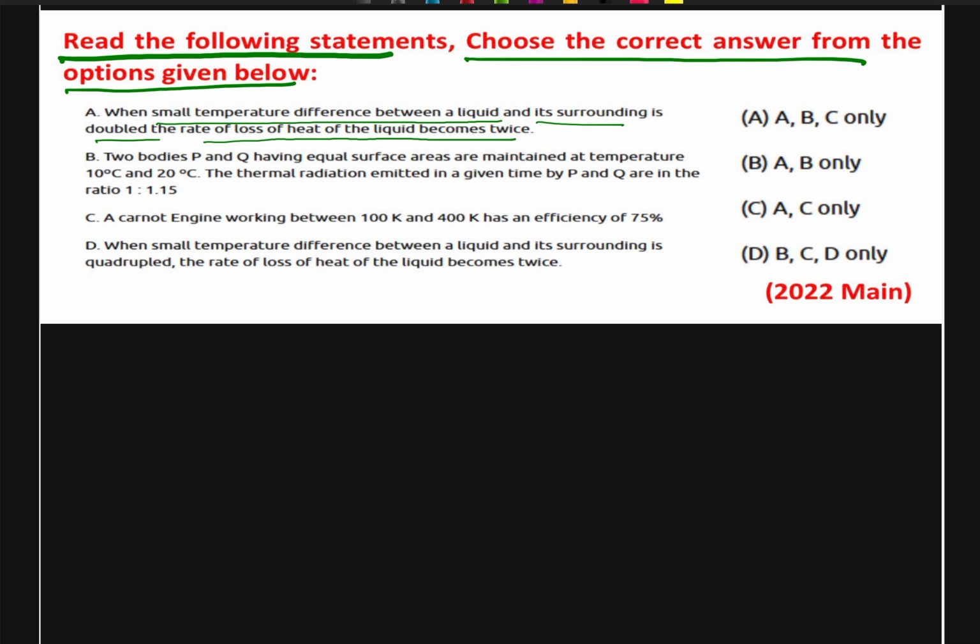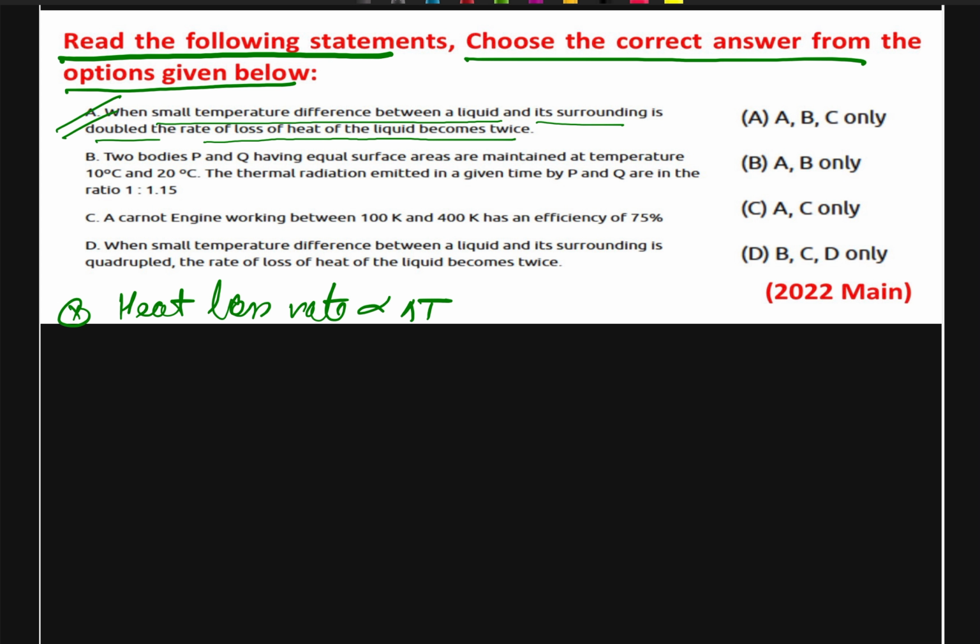So we know that the heat loss rate is directly proportional to the change in temperature. So if it becomes twice, option A is correct.